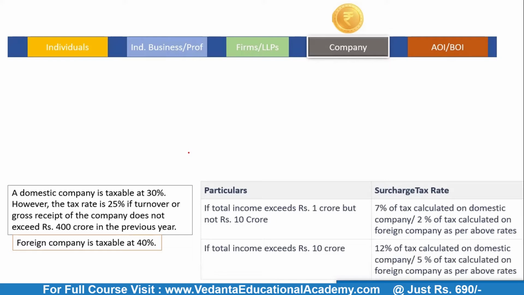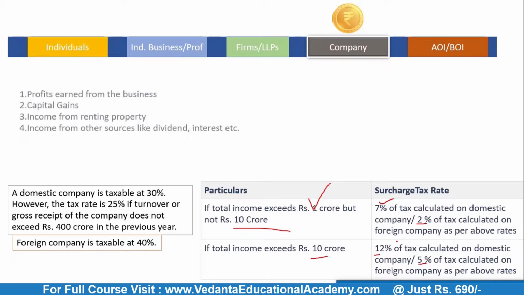Moreover, a surcharge of 7% will be applicable on a domestic company if the gross turnover exceeds 1 crore but is under 10 crores. And a surcharge of 12% is applicable if the business turnover is more than 10 crores for domestic companies. For a foreign company, if it is less than 10 crore, 2% surcharge. If it is more than 10 crore, then 5% surcharge will be applicable.